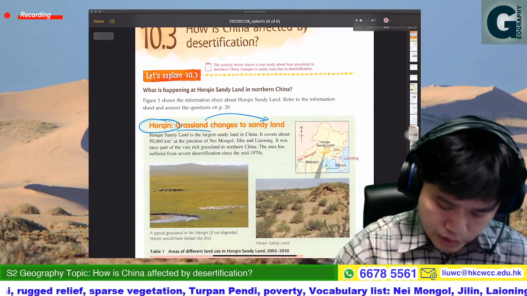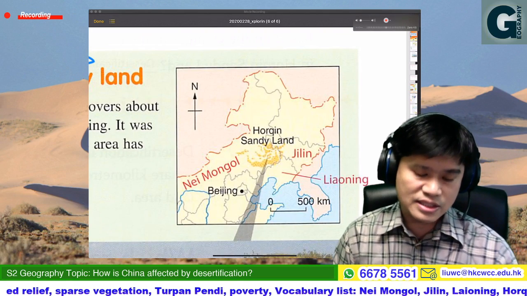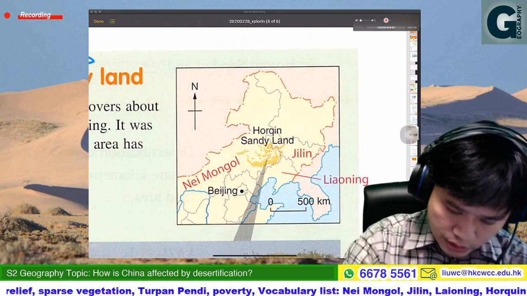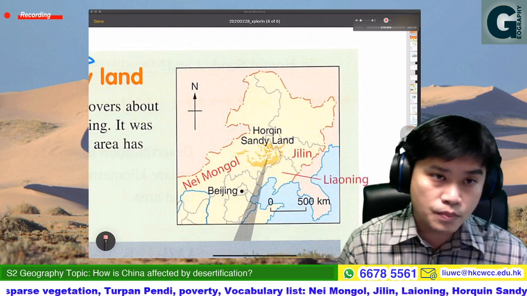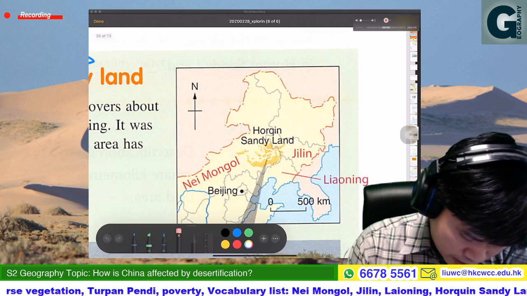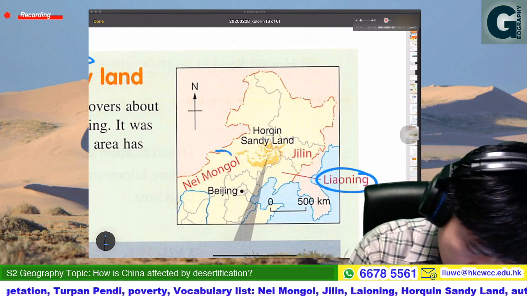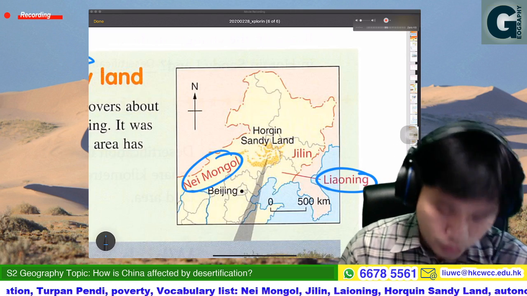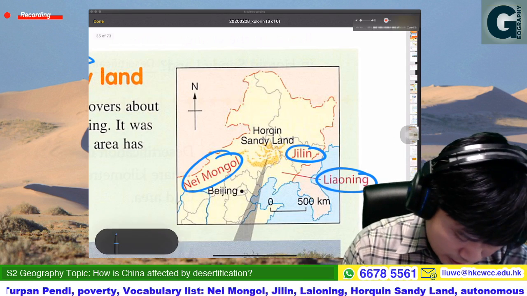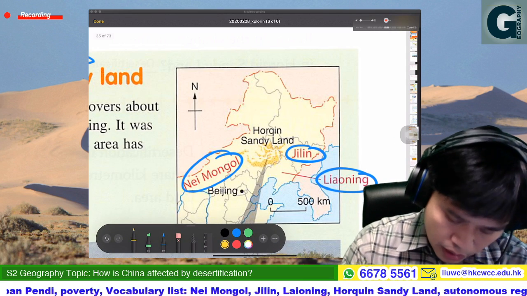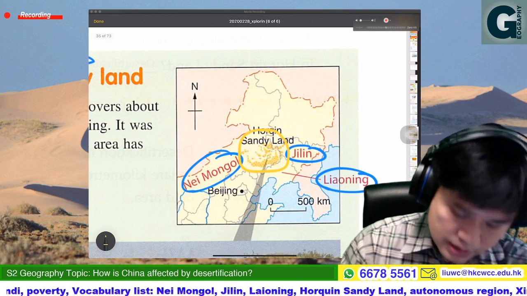So where would the Ho Chi sandy land be? In the northeast, between the provinces, you may mark 遼寧 Liaoning, Inner Mongolia 內蒙古 and also Jilin. Between these three provinces, that would be the Ho Chi sandy land.